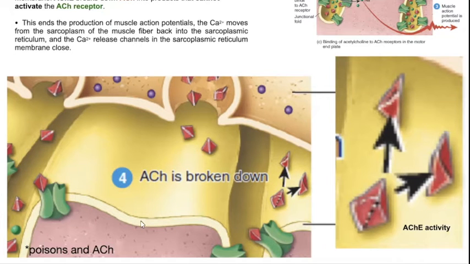Other poisons or drugs are going to inhibit the effect of this acetylcholinesterase activity. And in that case, the opposite effect happens. You have too much acetylcholine in this region right here, and the muscle keeps on contracting when the nervous system doesn't want it to. And so all these kinds of things can mess with this interaction in one way or another.